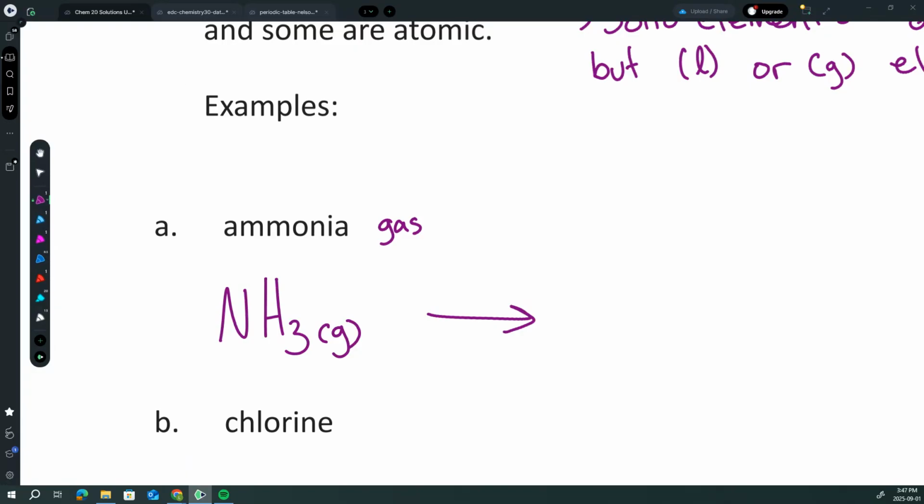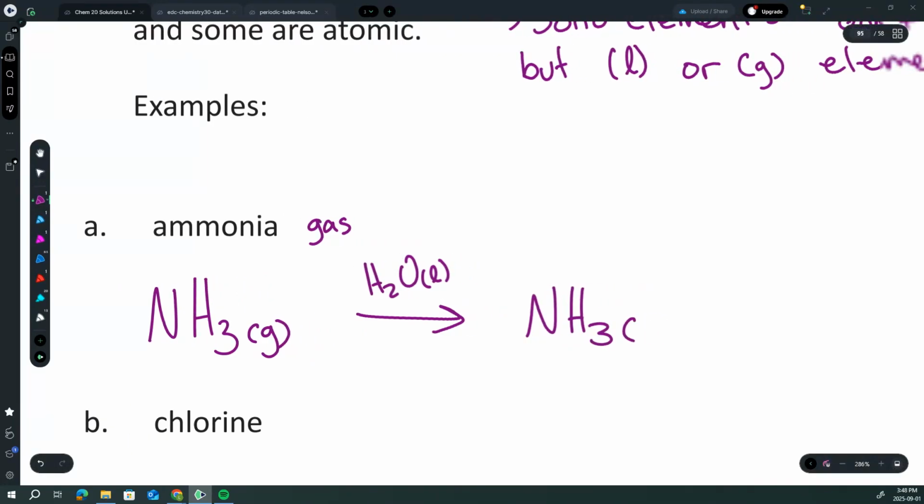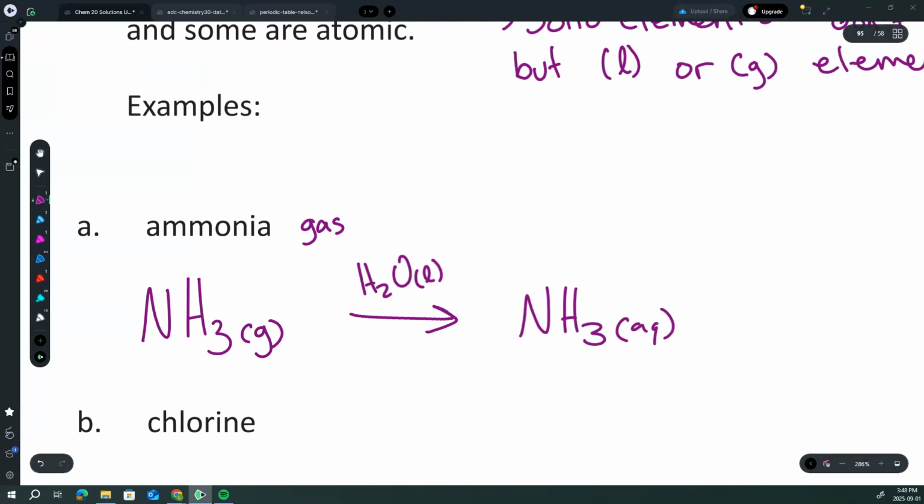What that means is it can dissolve in water, but it's not going to ionize. So let's write water here. Dissolving in water, it turns into aqueous.